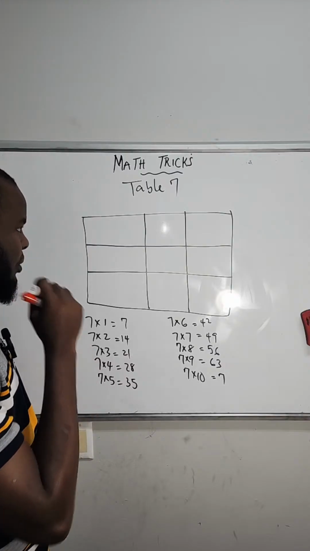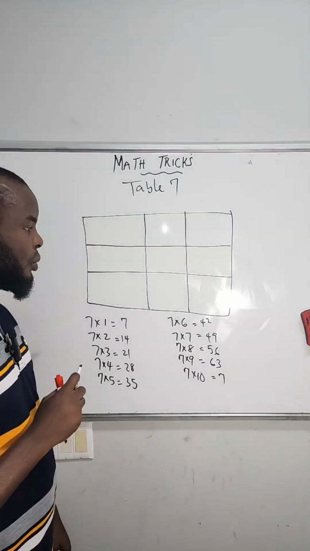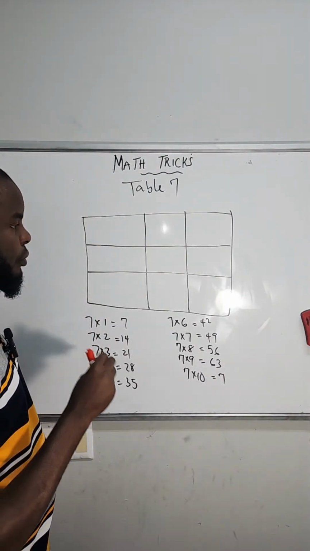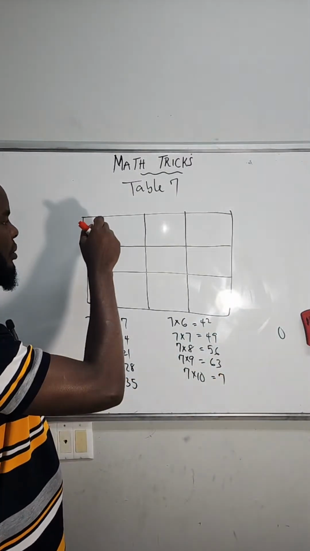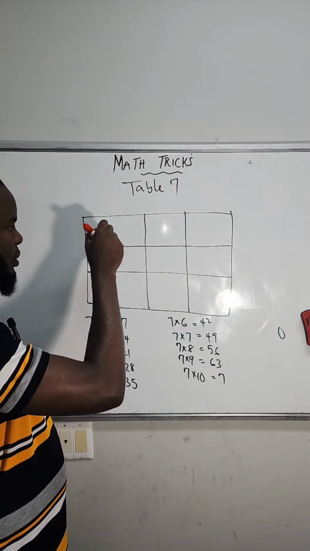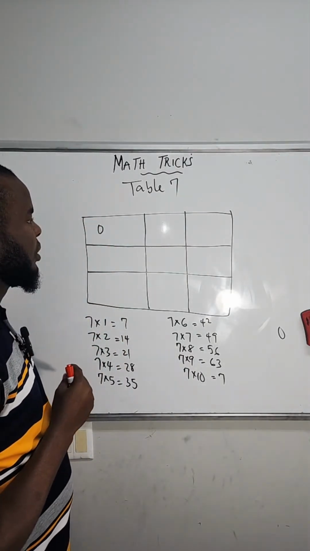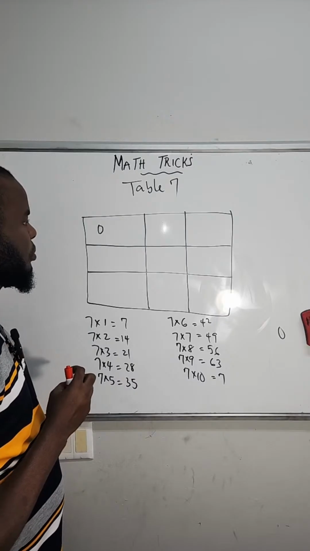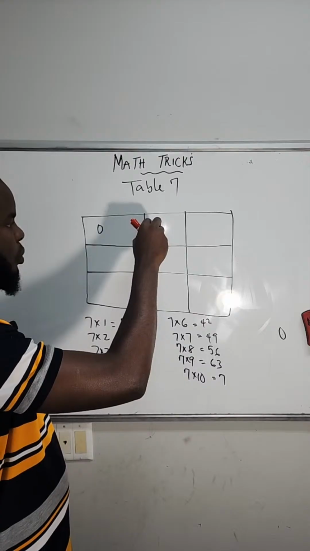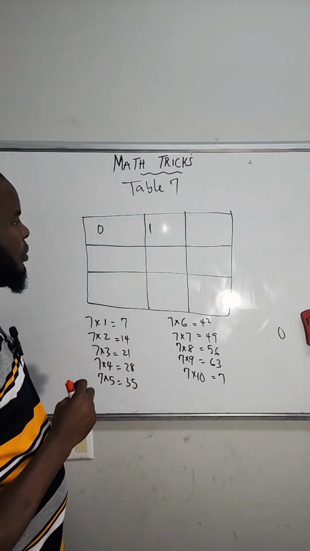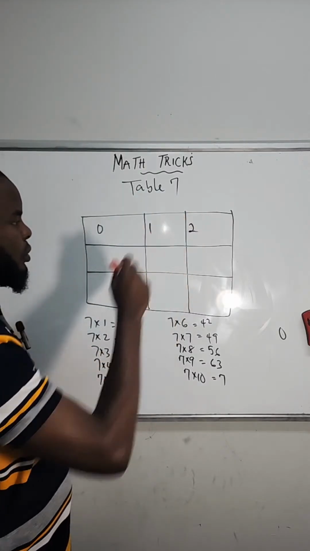Okay? Now, if you want to do this, here you start with 0. Just put 0 here. Okay? 1, 2.